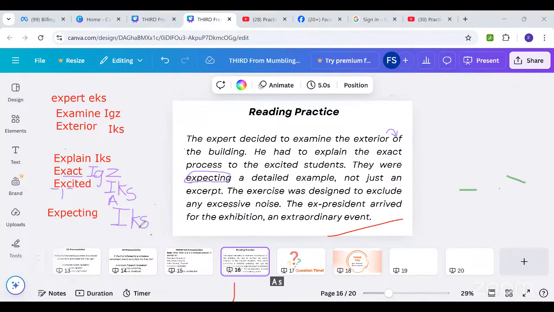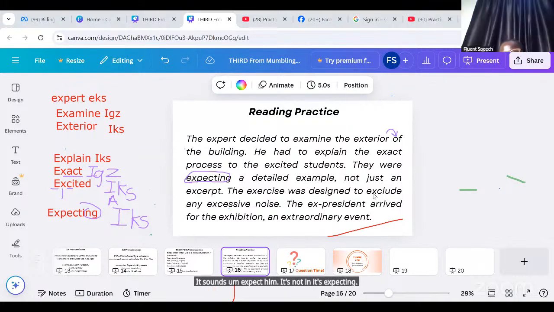Expecting. Very well. Correct. So pay attention to the NG. When we have N and G in a word, it sounds like expecting. It's not in, it's expecting.